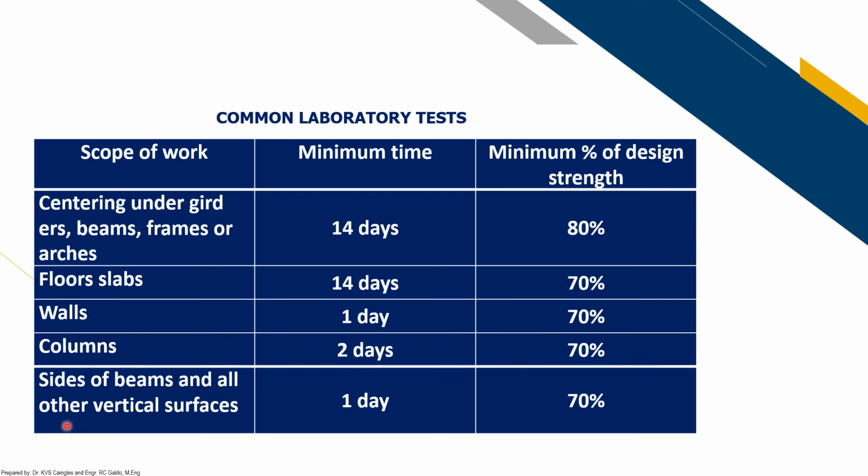Same goes with the sides of beams and all other vertical surfaces. You can remove the formworks after 1 day or 24 hours, but also given that 70% of the design strength has been obtained. Okay?